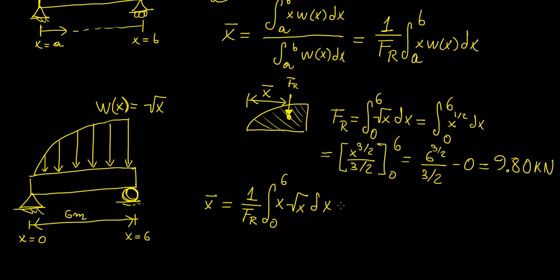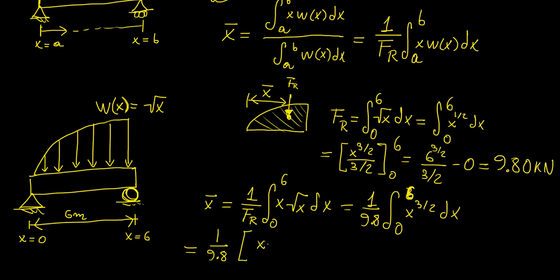So the first thing we do is convert this to a power. That's going to become 1 over 9.8 times the integral from 0 to 6 of x times x to the power of half, which becomes x to the power of 3 on 2. So we have 1 over 9.8 times x to the power of 5 on 2 divided by 5 on 2, from 0 to 6.